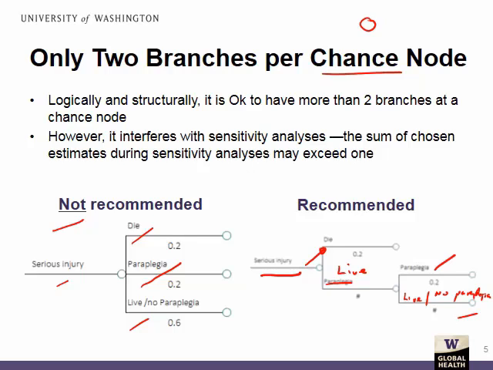So this modeling setup is much better because it would allow easy sensitivity analysis. If you have more than 2 branches for a chance node, the sum of the chosen estimates during sensitivity analysis might exceed 1. If you run the model for any one run, the sum of the probabilities at a chance node might exceed 1, and that will complicate the sensitivity analysis.